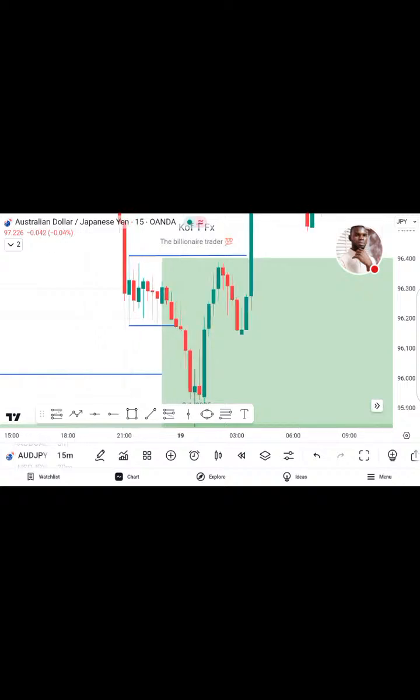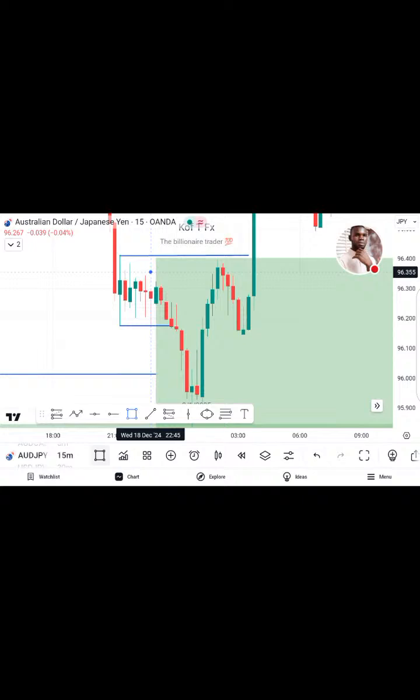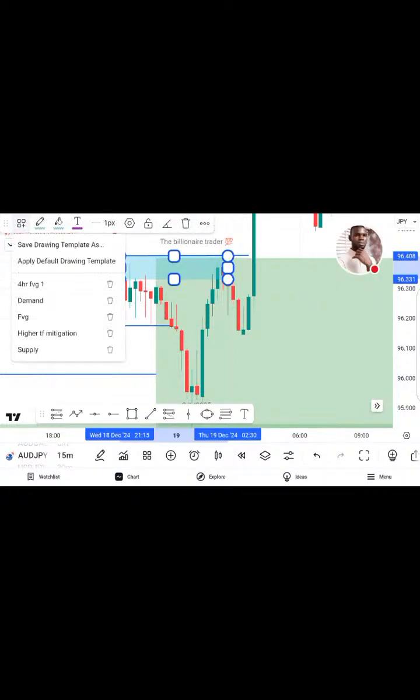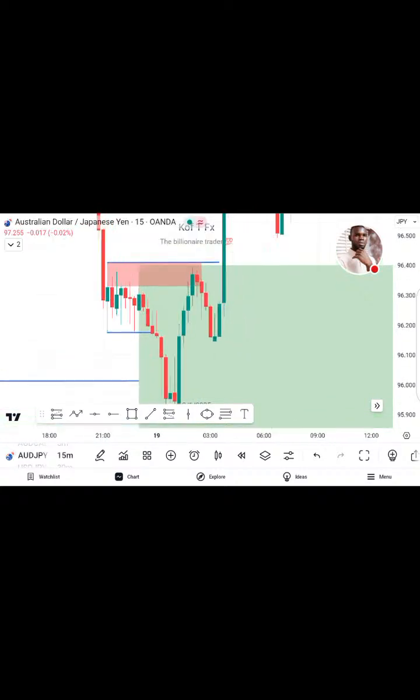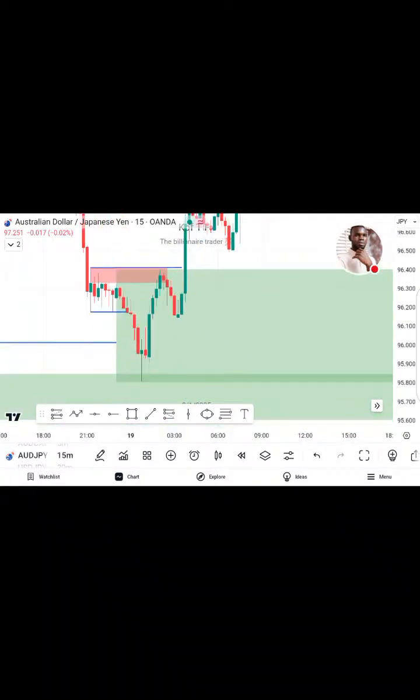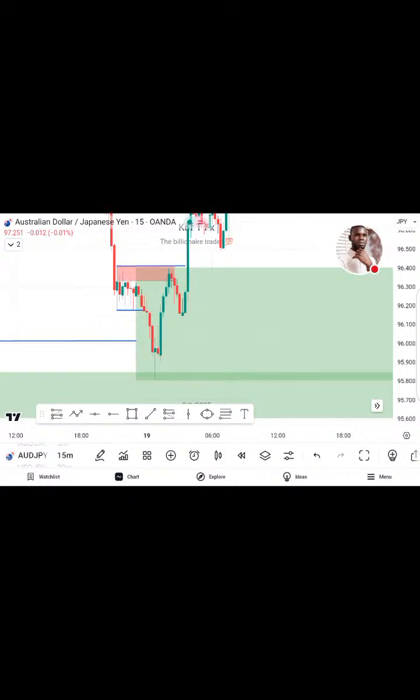So we have mitigation of the supply zone there. So after that mitigation, this particular demand zone was created after that mitigation.